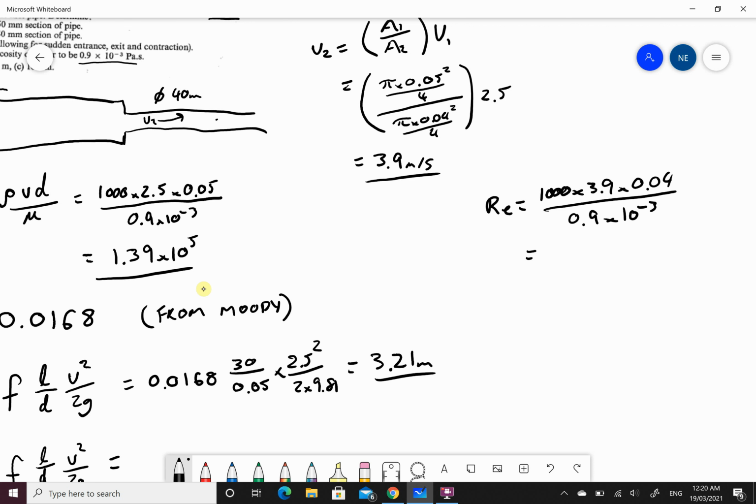And this Reynolds number is 1.73 by 10 to the power of 5. Chuck this in, obviously it's still a smooth pipe, it's still plastic, and what you'll end up with is a friction factor of 0.016, and that's from Moody.